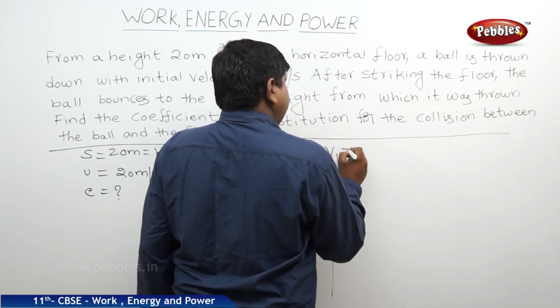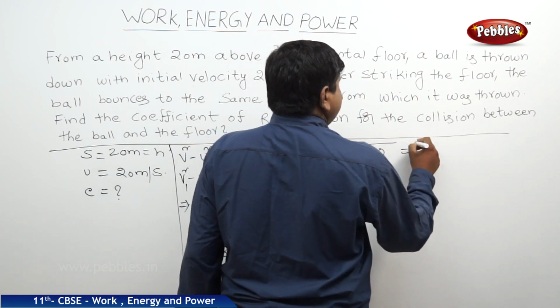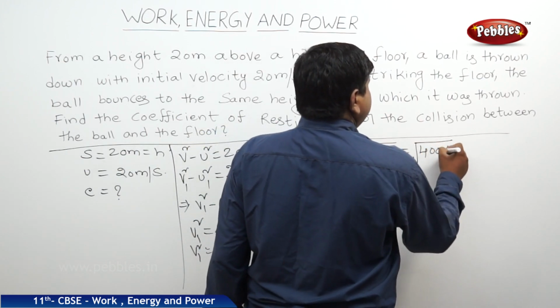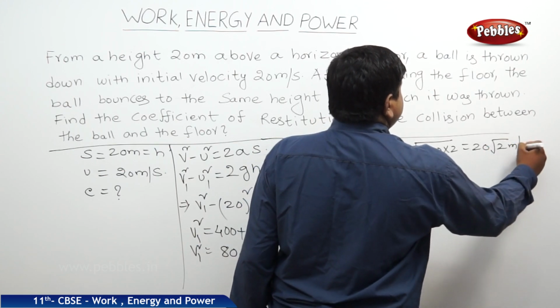So, we can write v1 is equal to square root of 800, which is square root of 400 into 2, nothing but 20 root 2 meters per second.